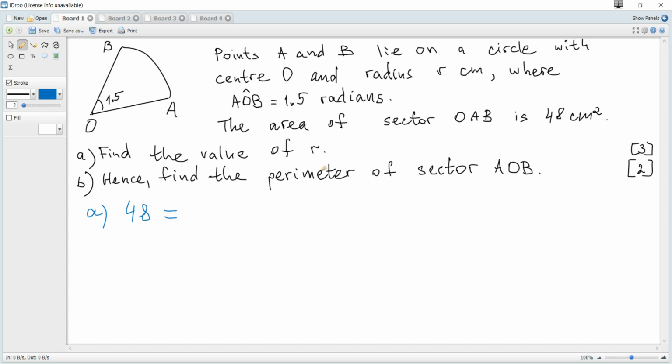A formula for the area of a sector is given in the data booklet, and it says that it is equal to a half r squared theta, where theta must be in radians.